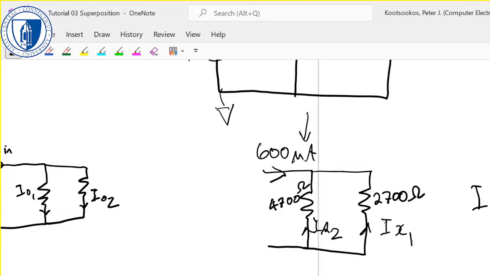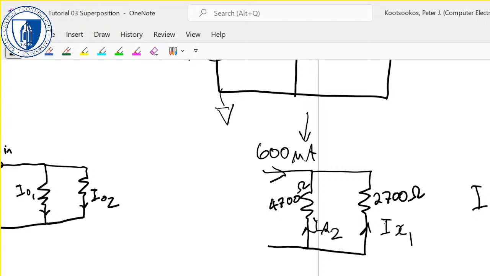Because remember, we're going to have to solve it again for replacing the other source. Okay, so Ix1 equals, now the resistance in the other branch is 4700, so the total resistance is 4700 plus 2700. Now it's going to be times minus 600.